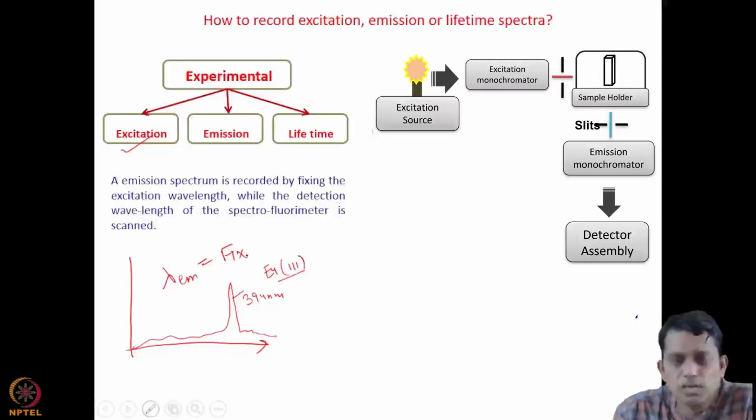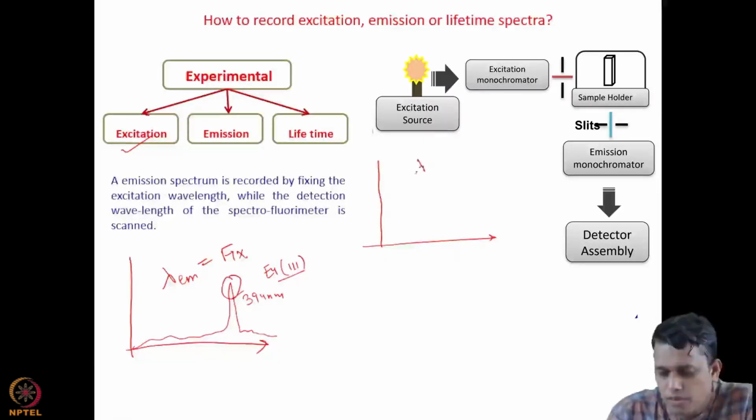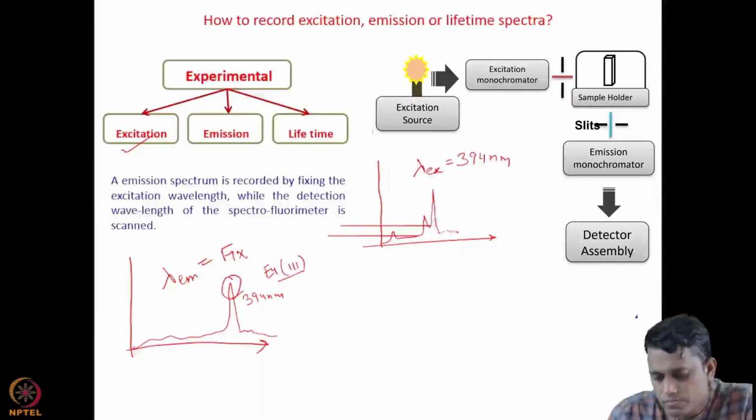When I talk about the emission spectra, since I know this is the peak that gives the maximum excitation, I'll fix my excitation at this peak, and then I record the emission spectra. So we have information about the excitation spectra and about the emission spectra.